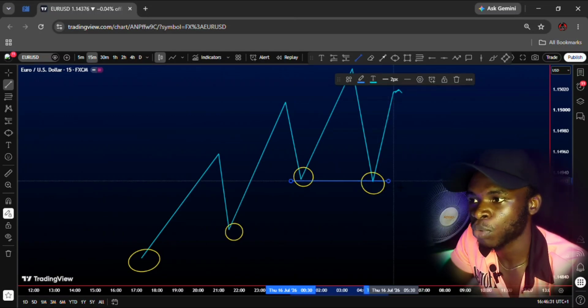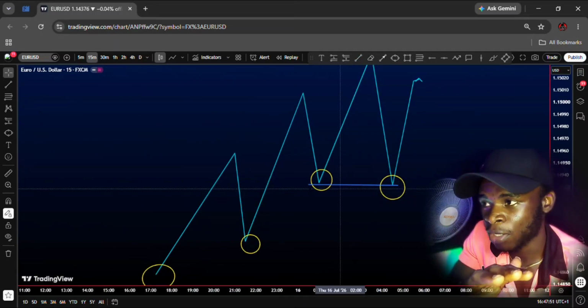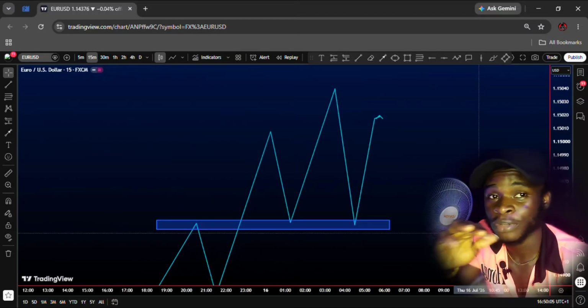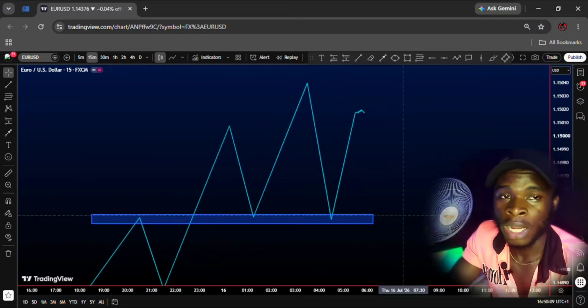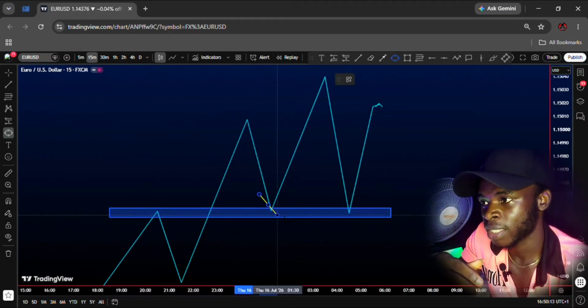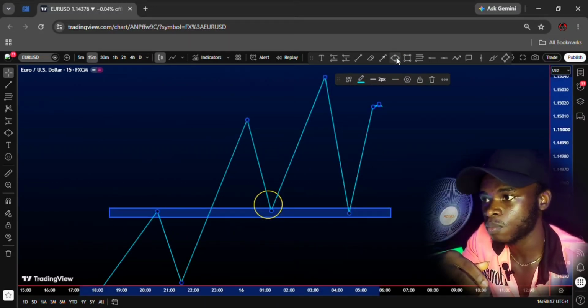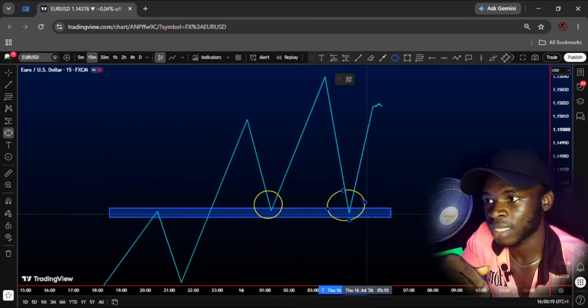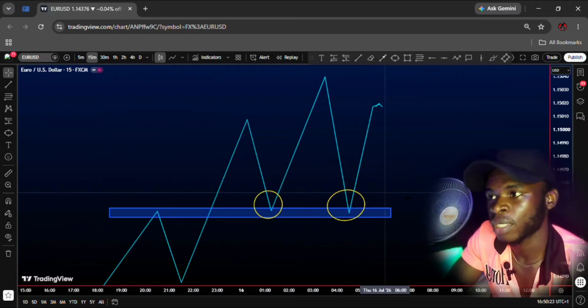Where retail stop loss is sitting at. Because take for an example, why am I choosing this particular piece? Let's say if a retail trader is going to take this particular trade, how are they going to enter? They will probably see this as the first leg and this as the second leg.